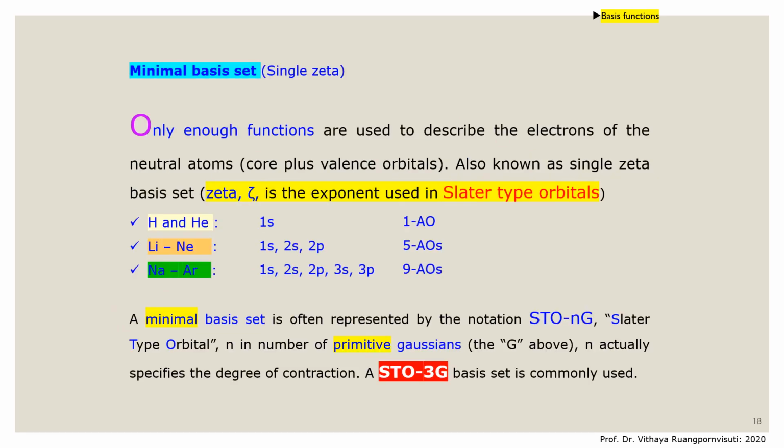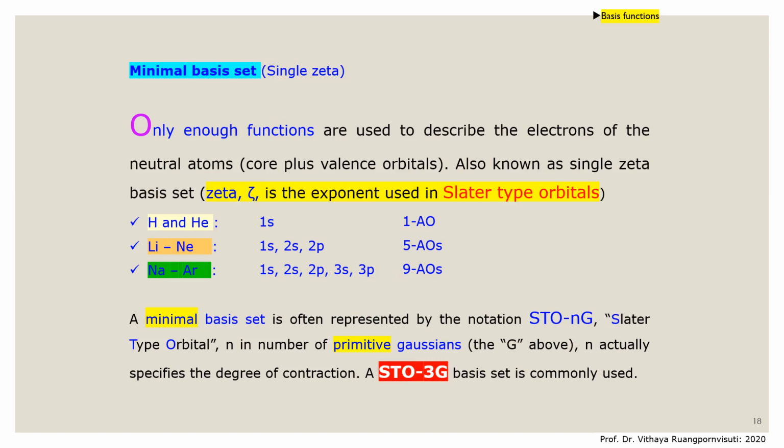Minimal basis set. Only enough functions are used to describe the electrons of the neutral atoms, which are called the valence orbitals, also known as the single zeta basis set. Zeta is the exponent used in the Slater type orbitals.